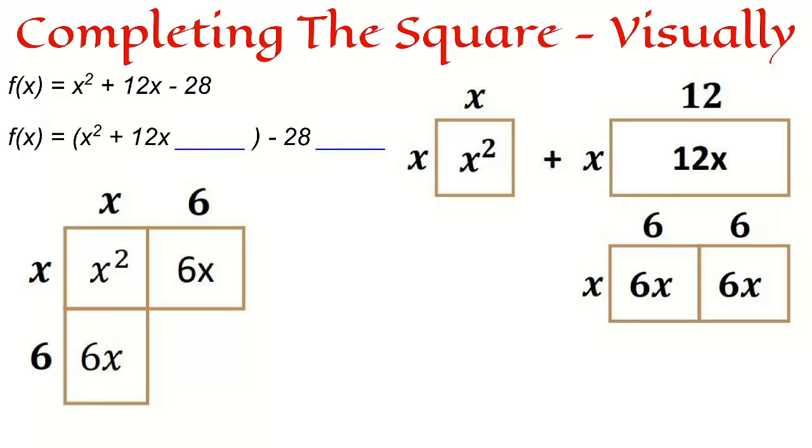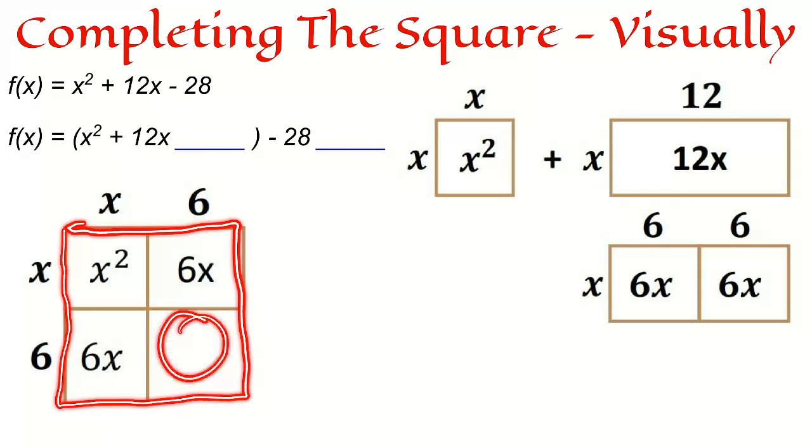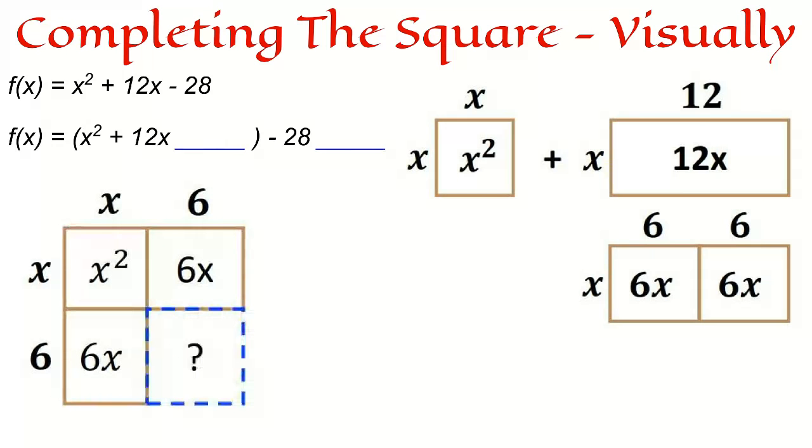Okay, so I put two blanks in there. So what completing the square means is I'm going to make this into a square. So I have to put something here to complete the square. And what is it that I need to put there? Can anyone look at that and know what I need to put there? What goes here?